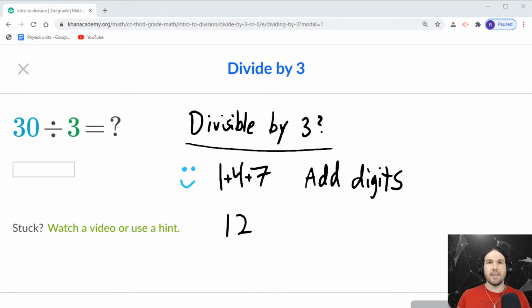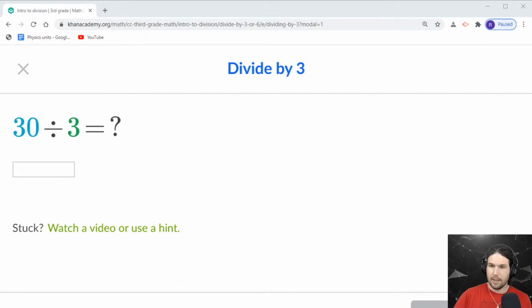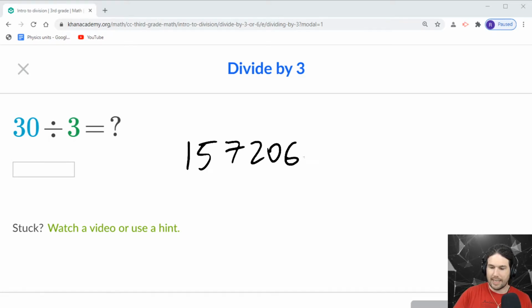So by adding the digits up, you can always tell. And if it's such a huge number that you can't tell, like 157,206, we can add all the digits up: 1, 6, 13, 15, 15, 21.